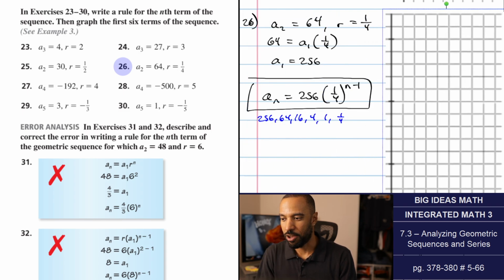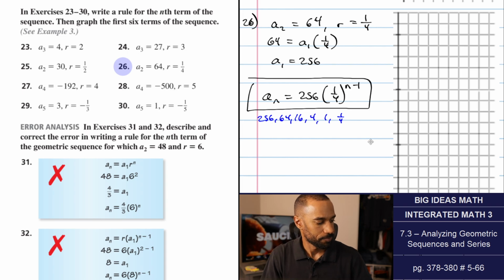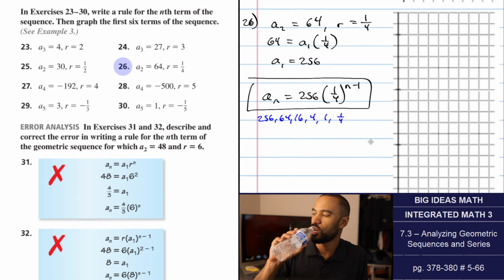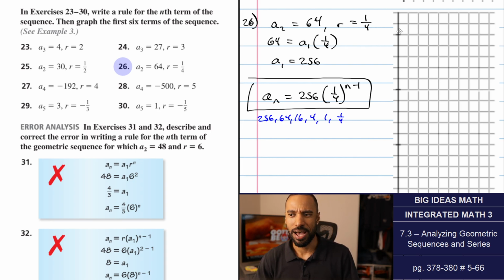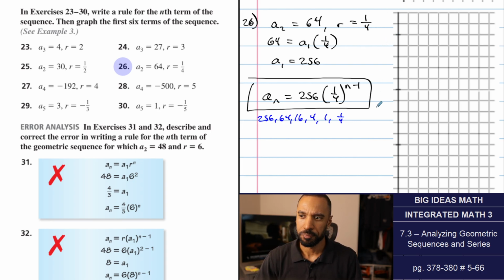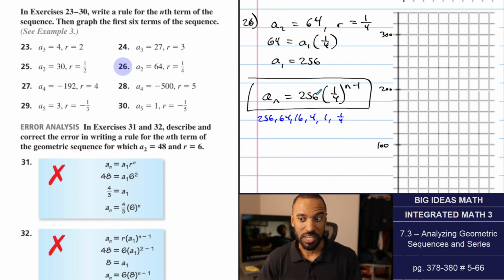The tricky part's the scale. 256. If I made this 300, then I'd be going by 20s. So 100, 200, 300. I think that's my best fit. I could go by 16s. You know what? Let's go by 16s.